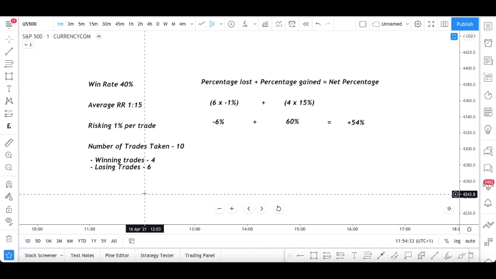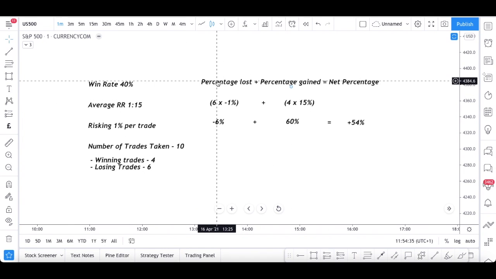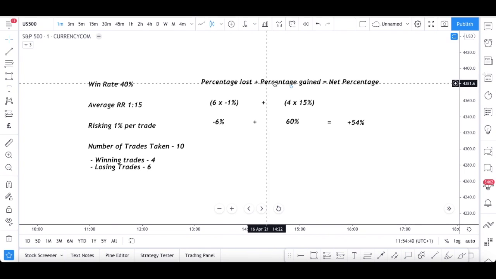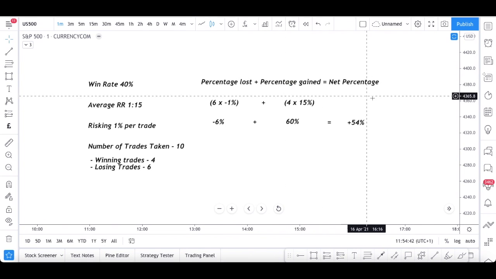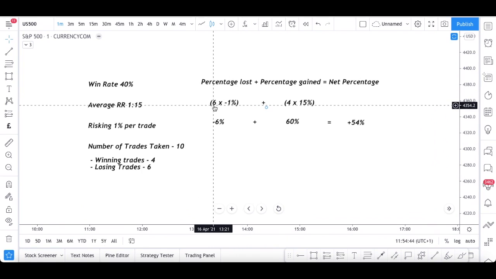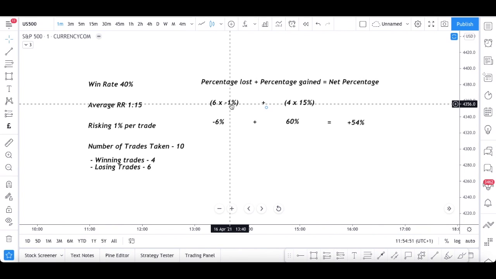So here we can see exactly how we're going to work out our net percentage. We've got our percentage lost plus the percentage gained, which is going to be our net percentage gain. With our 6 losing trades, we're losing 1% per trade because that's our risk. But with our 4 winning trades, we're gaining 15% per trade.